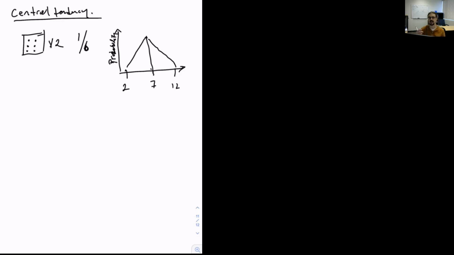The reason is that at 2, you only get one configuration, 1 and 1. And at 12, it's the same thing: you can only get 6 and 6. But for 7, you can get 6 and 1, 5 and 2, 4 and 3, and so on. So that means the two dice system has a central tendency to get to 7.